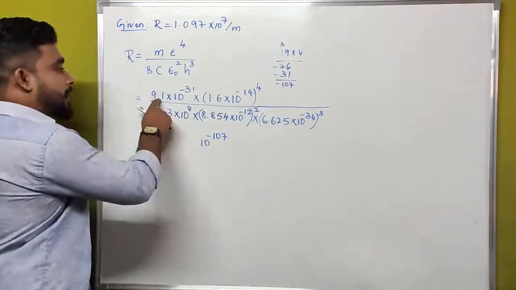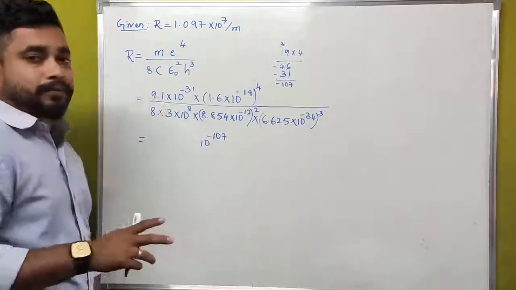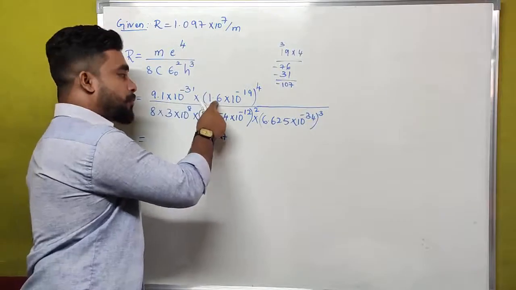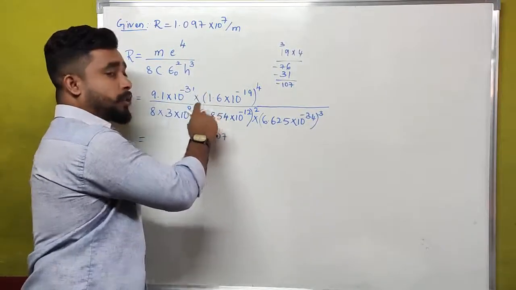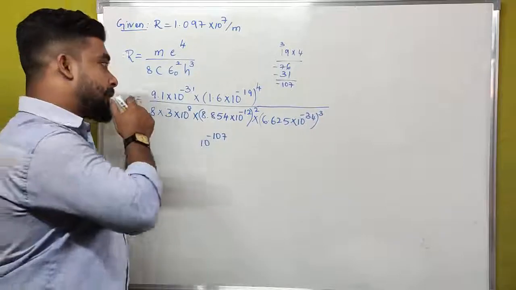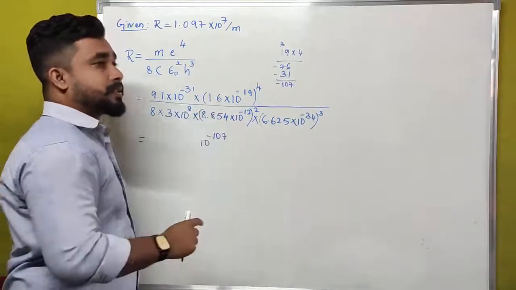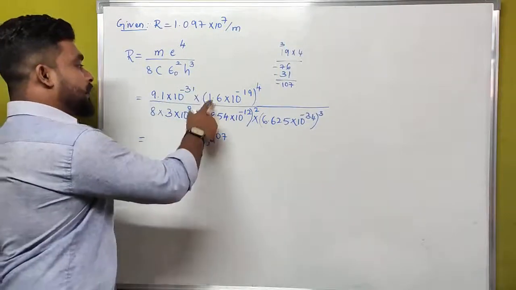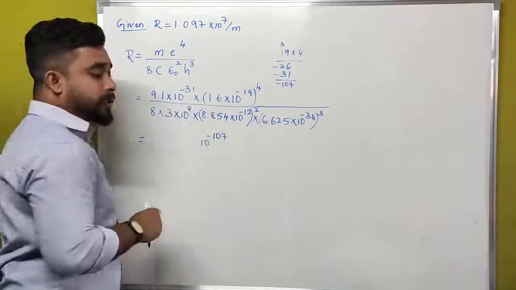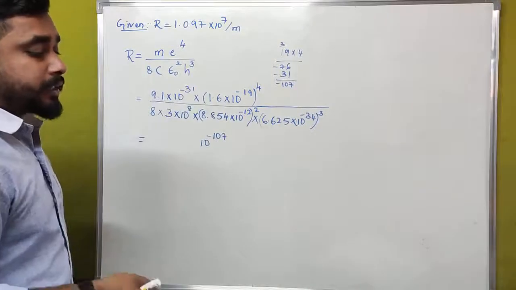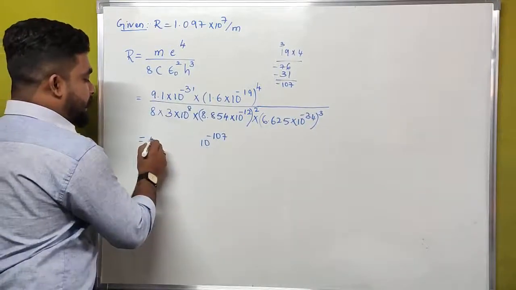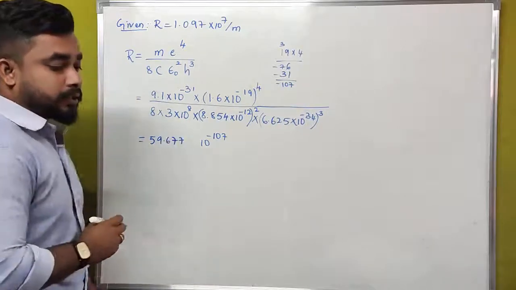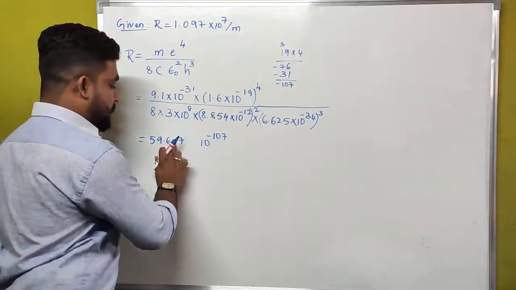And if we multiply 9.1 with 1.6 four times, that is 1.6 into 1.6 into 1.6 into 1.6, and then multiply that with 9.1, what we will get here is 59.677.